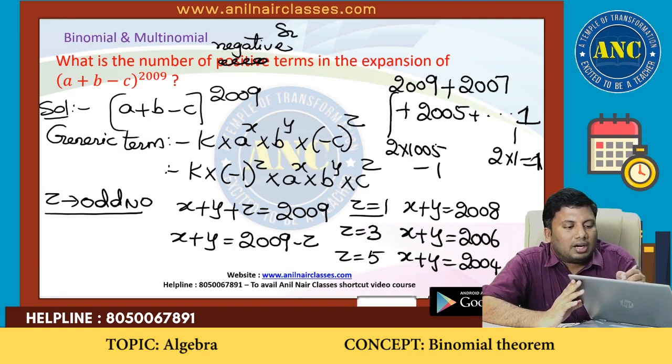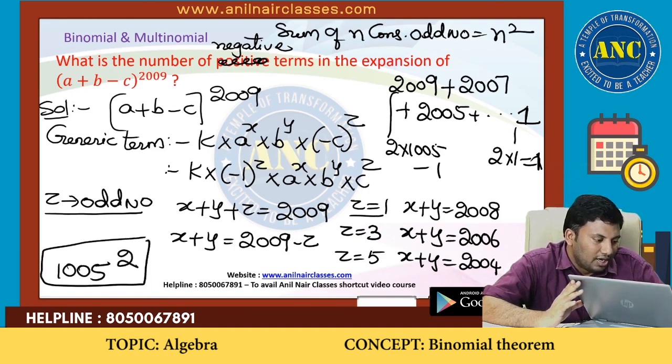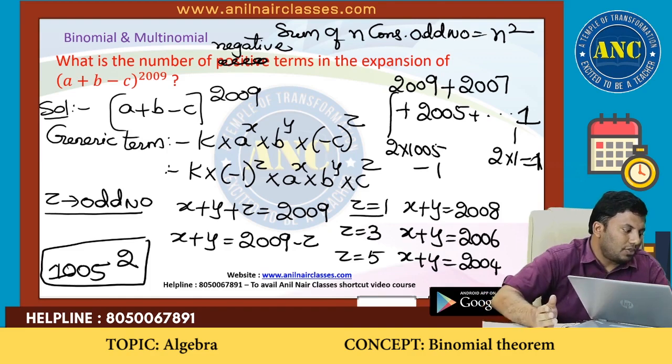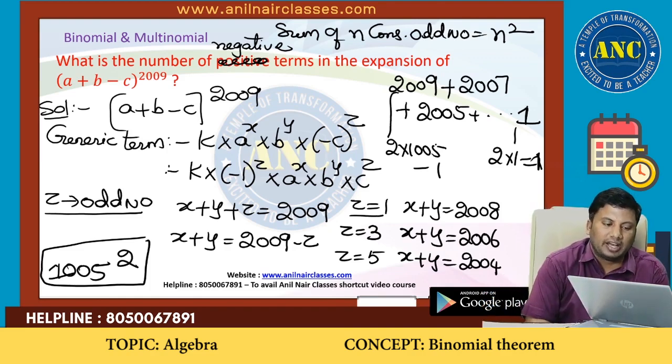All are odd numbers. Sum of n consecutive odd numbers is n square. From 1 to 1005, the answer is 1005 square. Kindly reply in the live chat if it is clear to you.